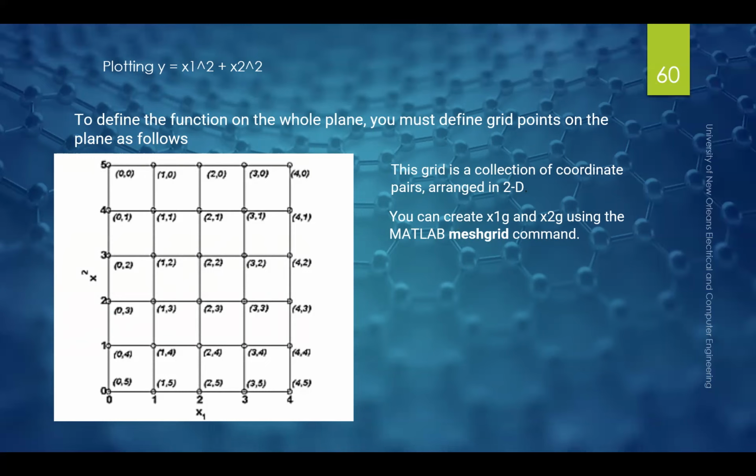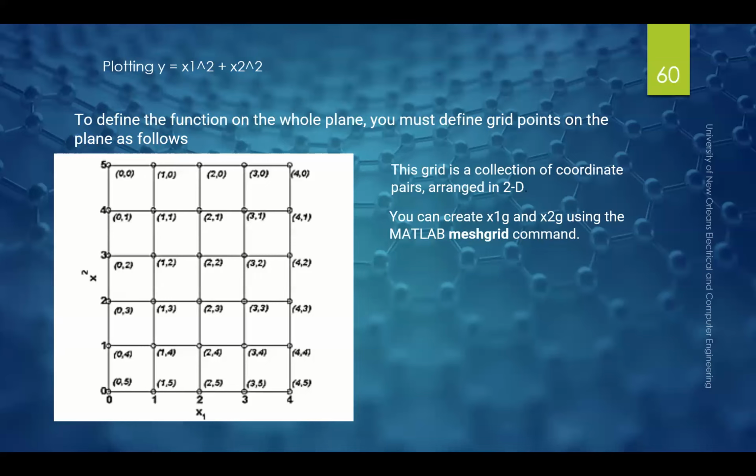So the grid is a collection of coordinate pairs arranged in a two-dimensional fashion. And you can create, for instance, variables x1g and x2g using the meshgrid command, and then use them to create the plot.